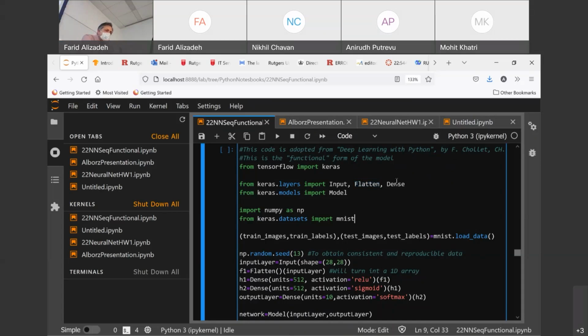Then the type of layers I mentioned last time are called dense layers. Dense layer basically means that the W array, all these weights, could be anything. As opposed to, for instance, sparse arrays where you say these parts are all equal to 0 and only these are allowed to change.